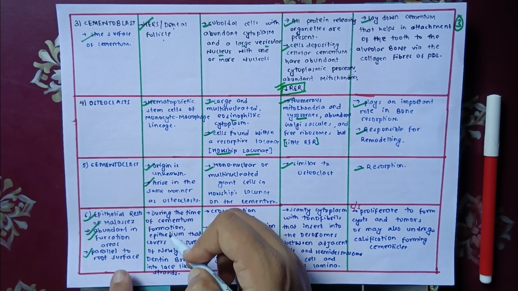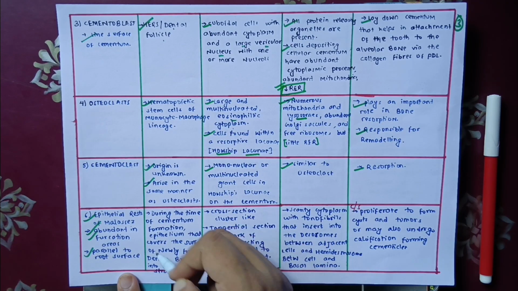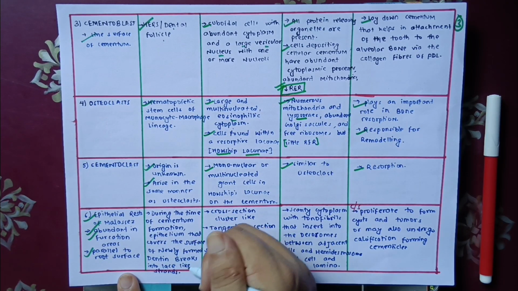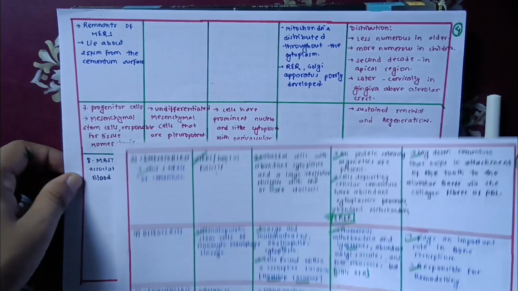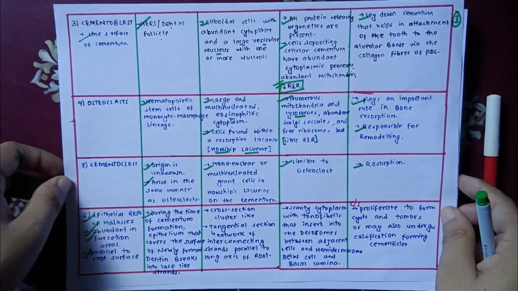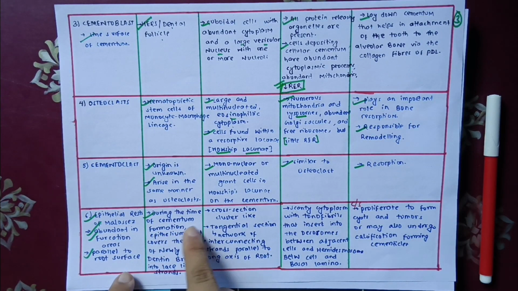After that, the origin. During the time of cementum formation, the epithelium that covers the surface of the newly formed dentin breaks into lace-like strands. So these epithelial rests of Malassez are formed during the time of cementum formation.